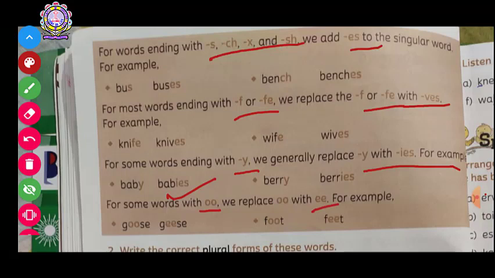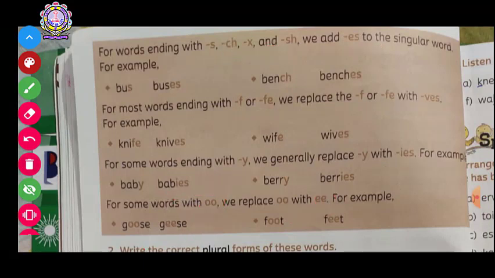Alright, for example, goose, G-O-O-S-E, geese, G-E-E-S-E. Because when double o comes in the word, then you have to replace it with double e. Alright, foot, feet. Is it clear?